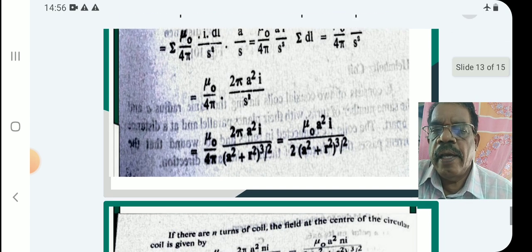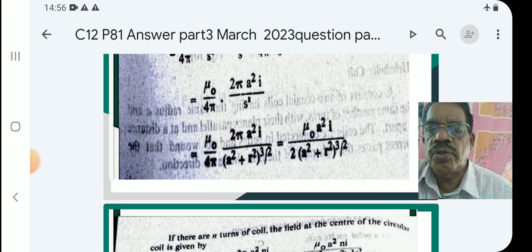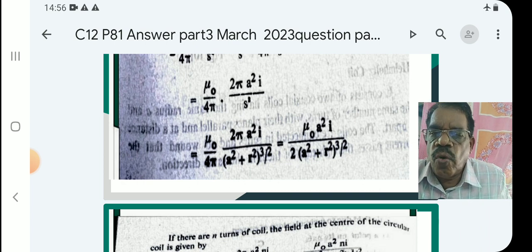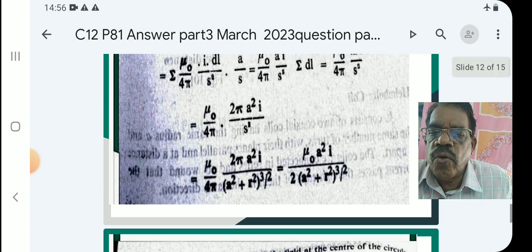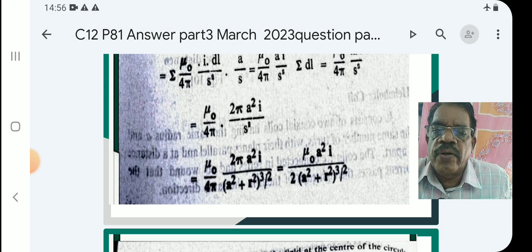That is B is mu 0 by 4 pi 2 pi a square into I by a square plus r square raised to 3 by 2, because S square is a square plus r square in the triangle in the figure, Pythagoras theorem.